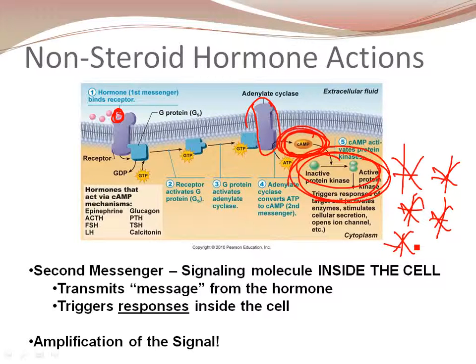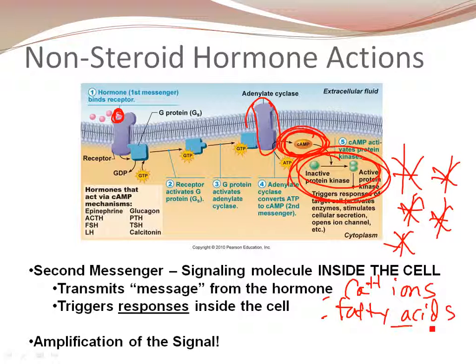Cyclic AMP, cAMP, is not the only type of second messenger. Calcium ions can be second messengers with other types of hormones and receptors. And then you have some types of fatty acids as well that can function as second messengers. You may read about those as you're going through this particular chapter in your textbook.